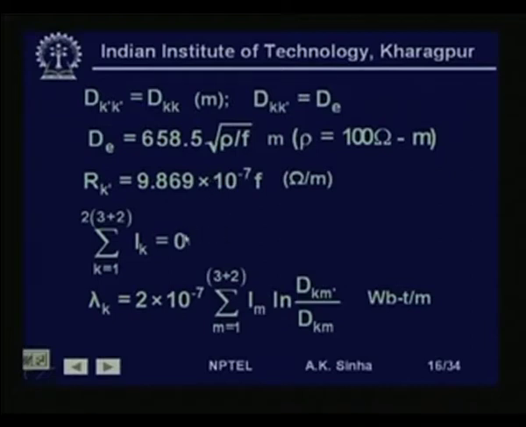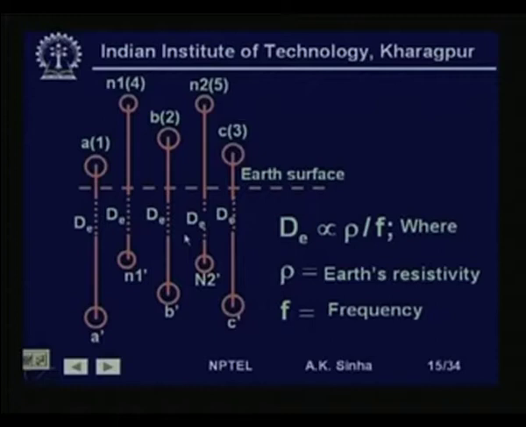Now, for this system that we have, there are 5 conductors here and 5 conductors as images below these conductors at a distance dE from the overhead conductors. This makes a total of 10 conductors.